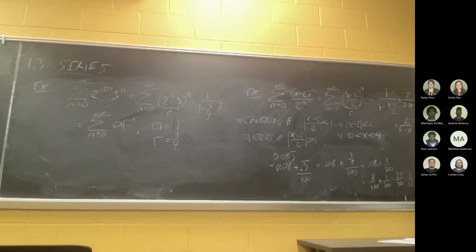So that we know for sure. If the absolute value of x minus 2 all over 2 is equal to 1, it may or may not converge, it just depends. So if you look at this formula here, if I plug in x equals 4, it's undefined, it's going off to infinity. Whereas if I plug in x equals 0, at least this is well defined.